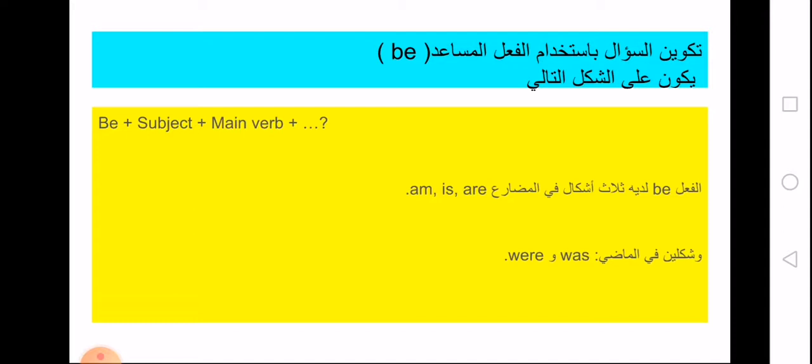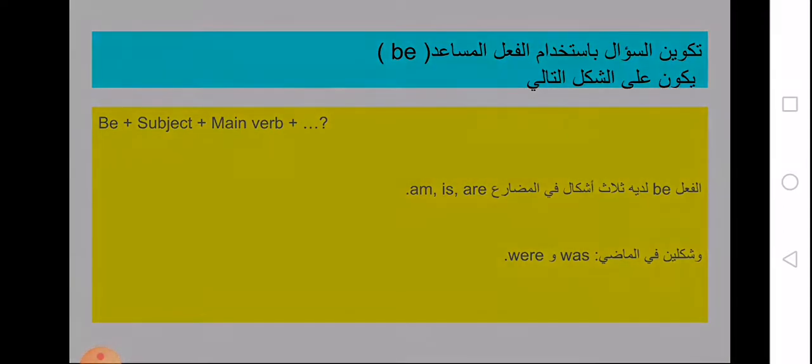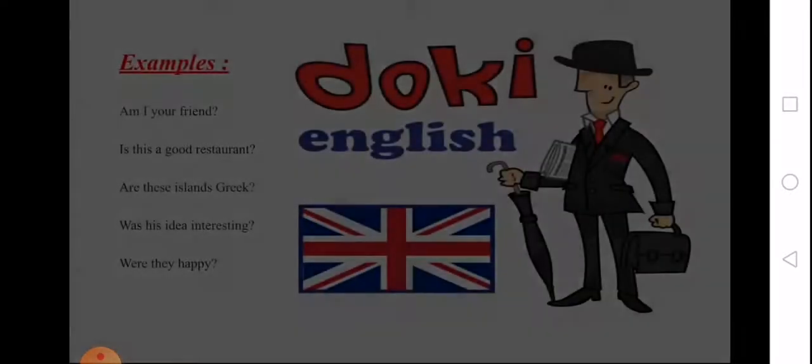We start with the verb to be, that means we start with am, followed by the subject and then the verb. Or you can start with is, followed by the subject and then the verb. Or in the past, was, followed by the subject and the main verb. So this is the question form with the verb to be.